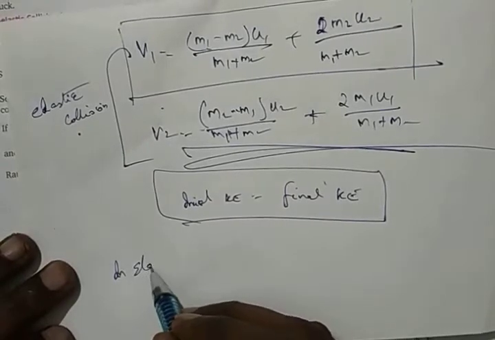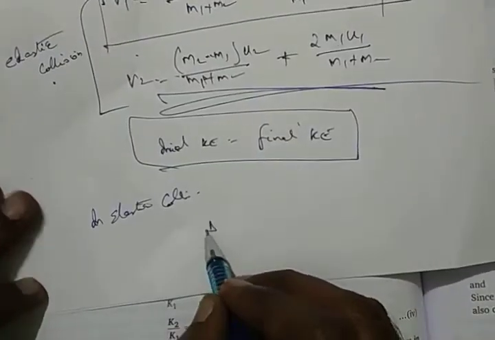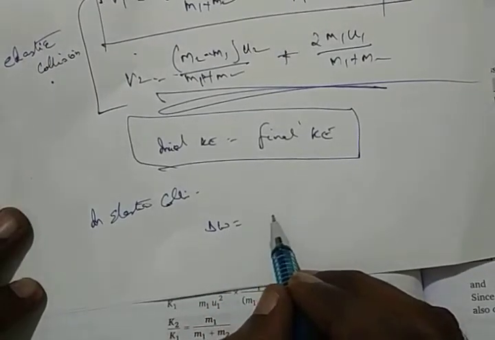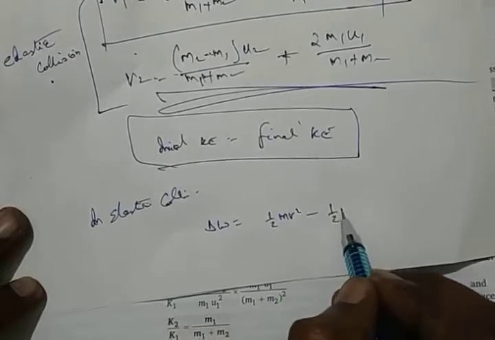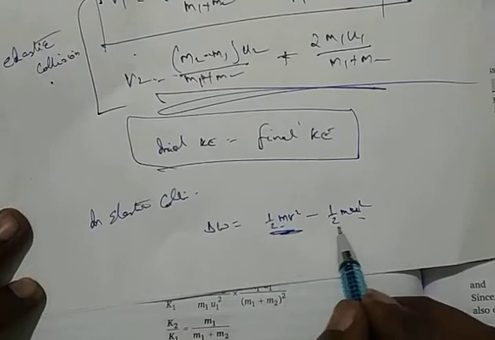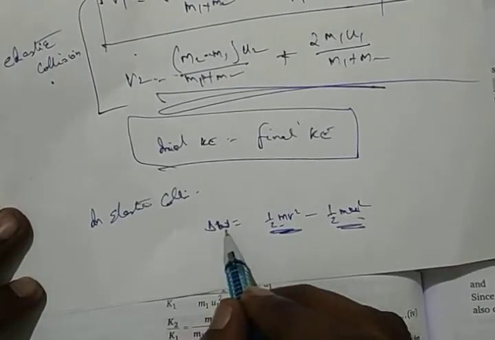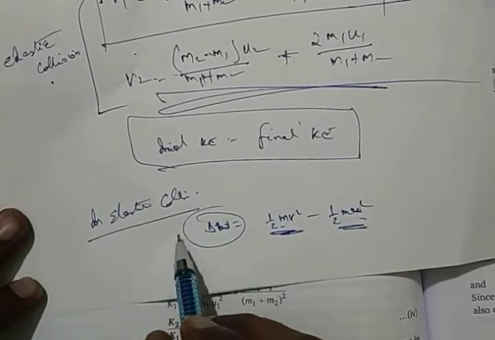In inelastic collision there is a loss of work. Delta W is going to be equal to final kinetic energy half mv square minus half mu square. When you have a loss, this will be greater, this will be less, and there is a loss in work done finally. That is called inelastic collision.